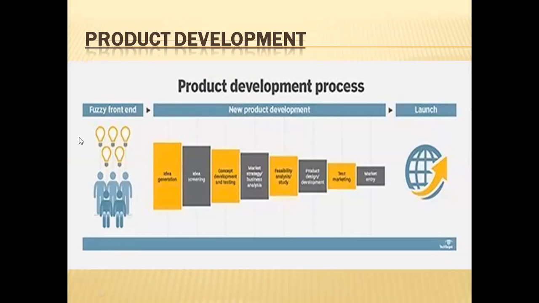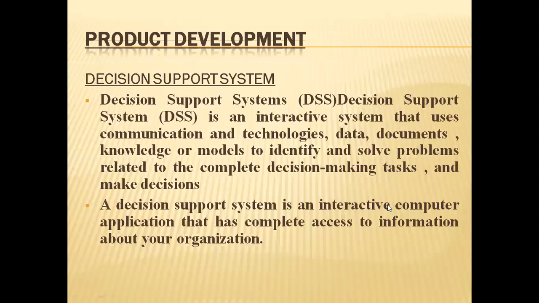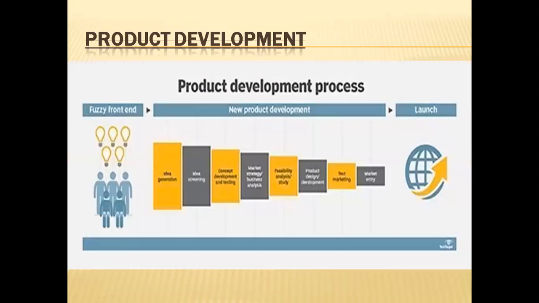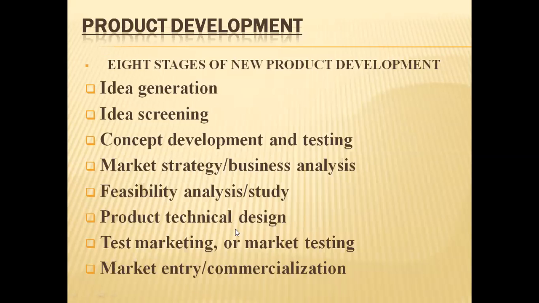These are the 8 steps, and ultimately, when it is through this process, you are going to launch in the market. These 8 points we already know, and they are discussed clearly in the notes which I'm going to provide to you. The first 3 may be related more to design, but all are correlated with the development. All these 8 stages are explained to you in detail.